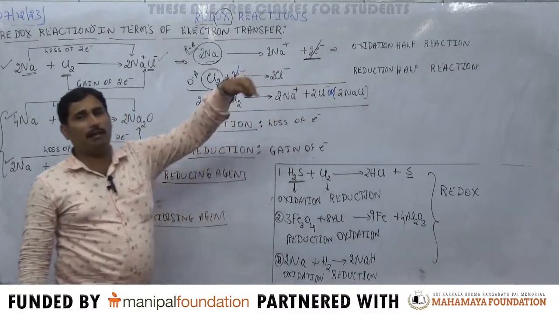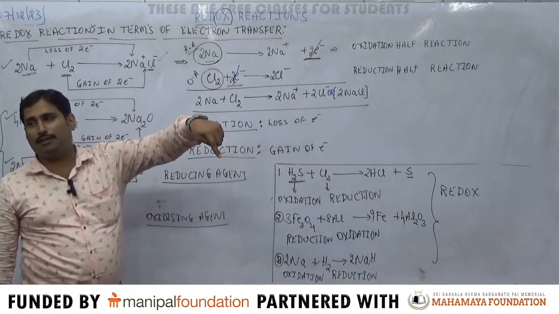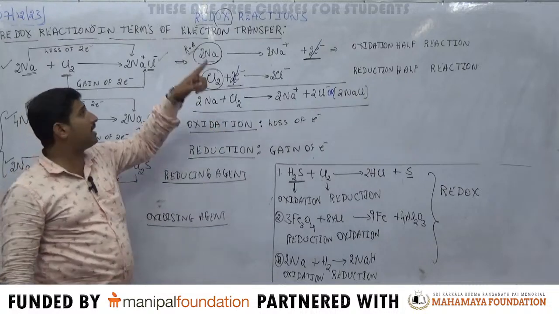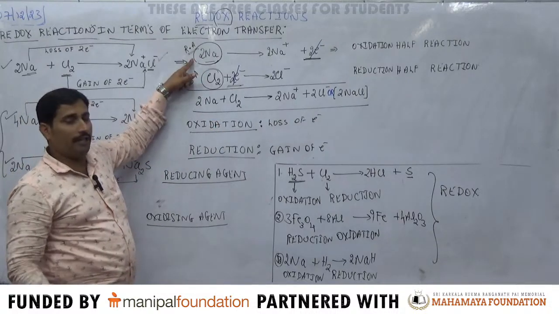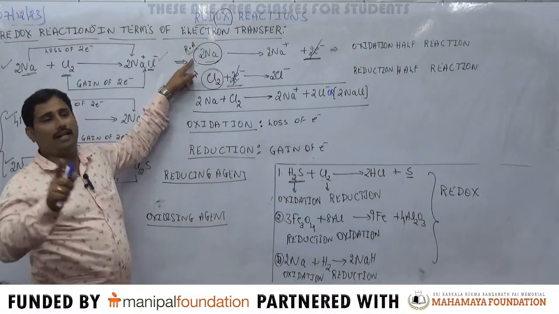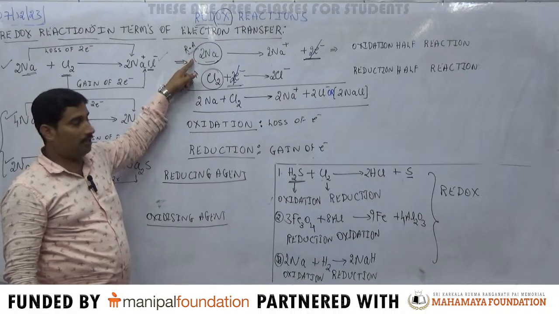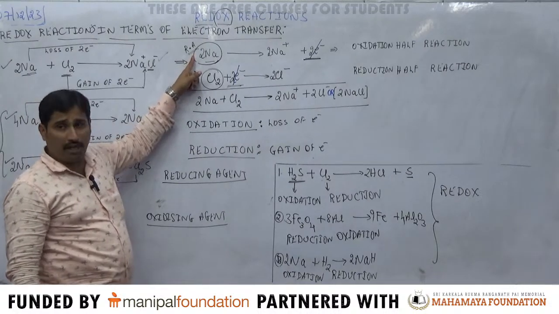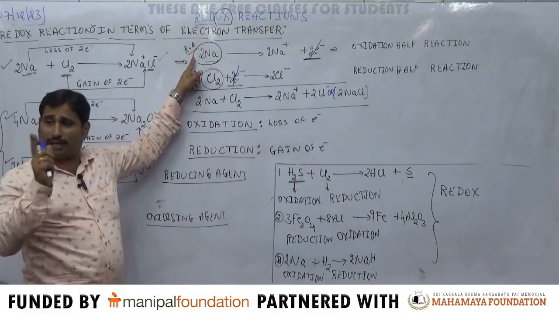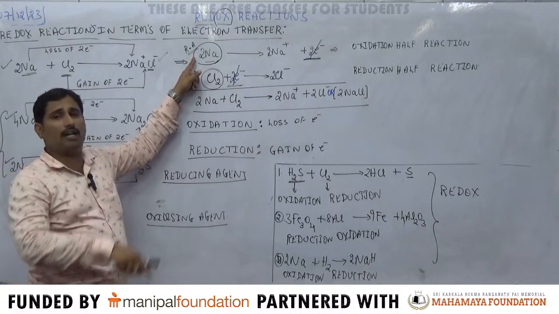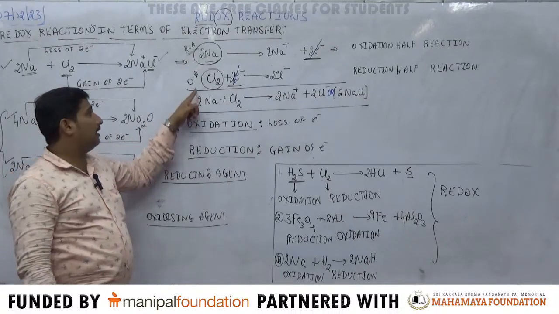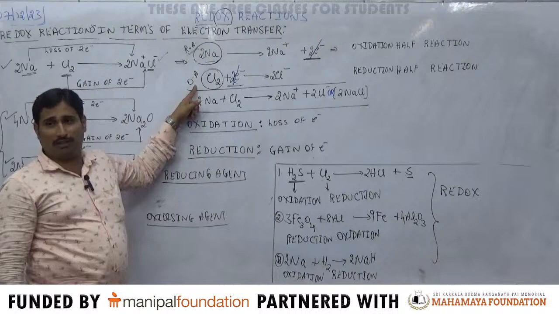So what does it help with? It is a reducing agent. It is helping for the reduction. I'll repeat: a reducing agent is an agent. It is helping for the reduction. Itself will undergo oxidation.